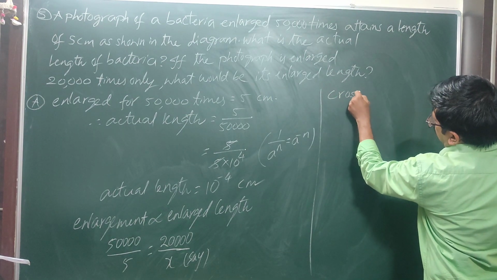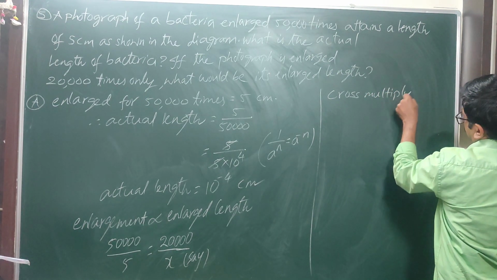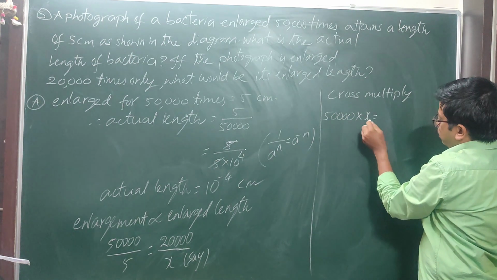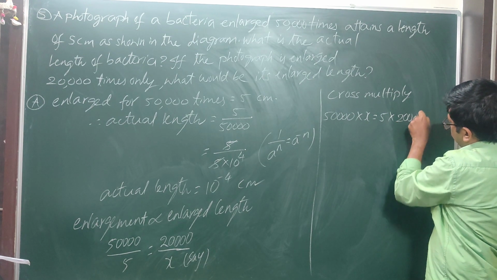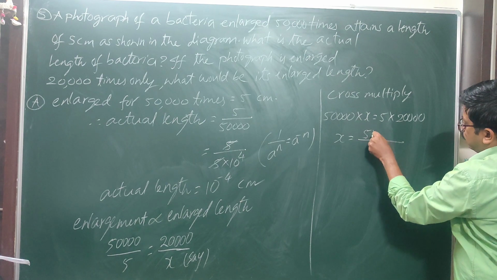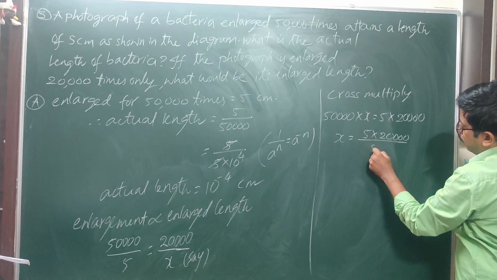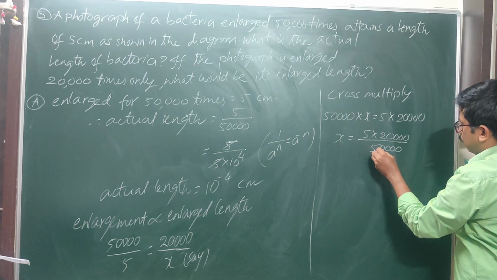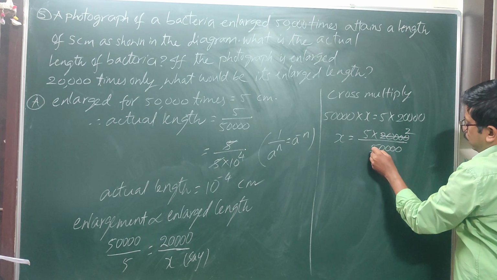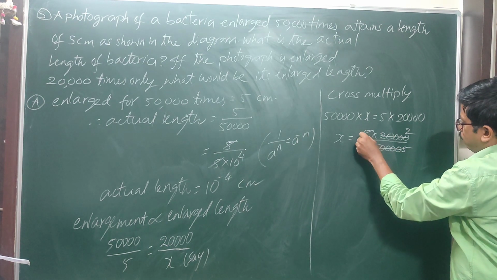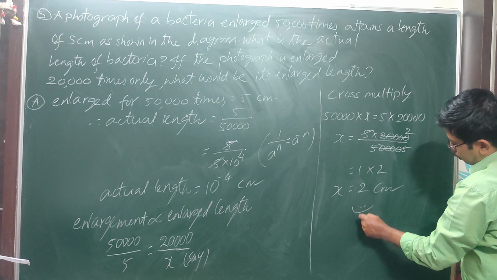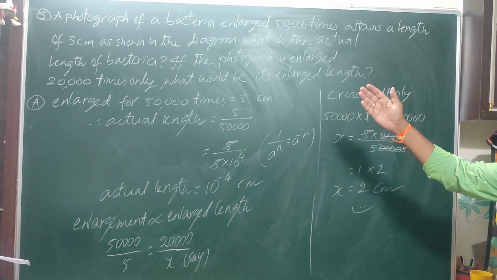Now cross multiply: 50,000 into x equal to 5 into 20,000. Now this 50,000 multiplying on the left side, if it moves to the right side divides. 5 into 20,000 by 50,000: 10,000 twos are 10,000, 5 ones are 5. So x equal to 1 into 2, the enlarged length is 2 centimeters only if we enlarge for 20,000 times.